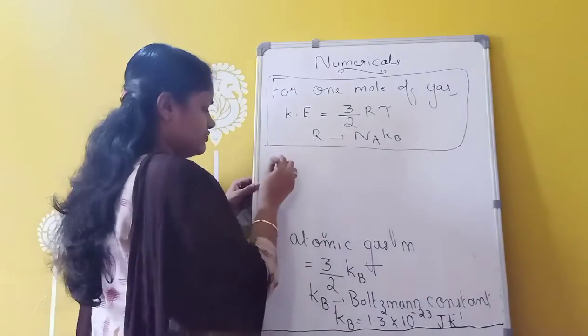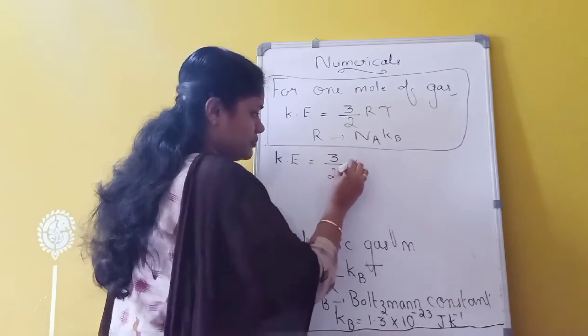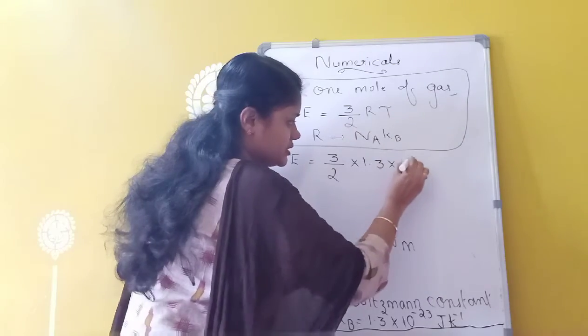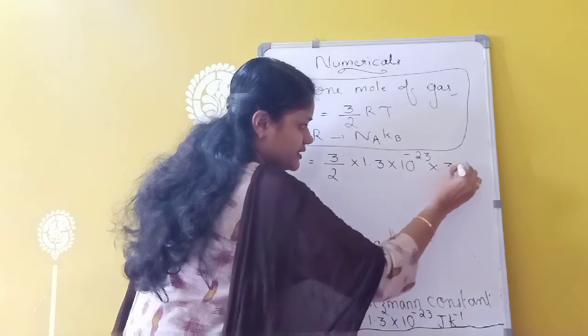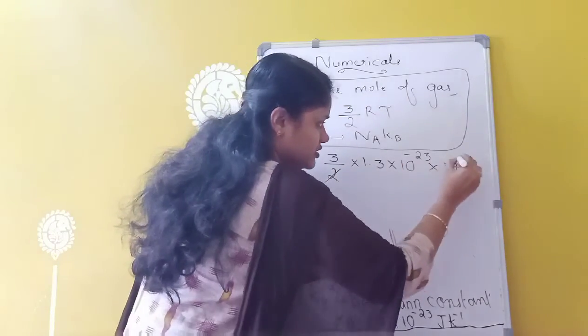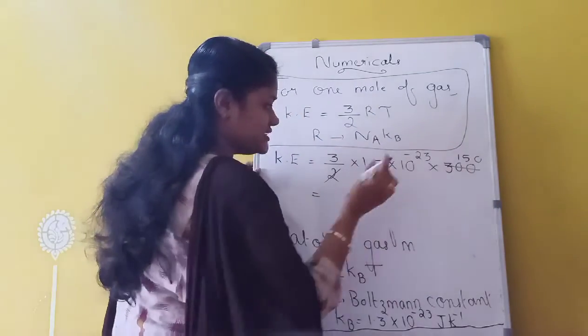So kinetic energy equals 3 by 2 into Kb. The Boltzmann constant value is 1.3 into 10 raised to minus 23, into temperature, which is 300 Kelvin. Now we can cancel this 2 and 300, we will be getting 150. Now 3 into 15 is 45.